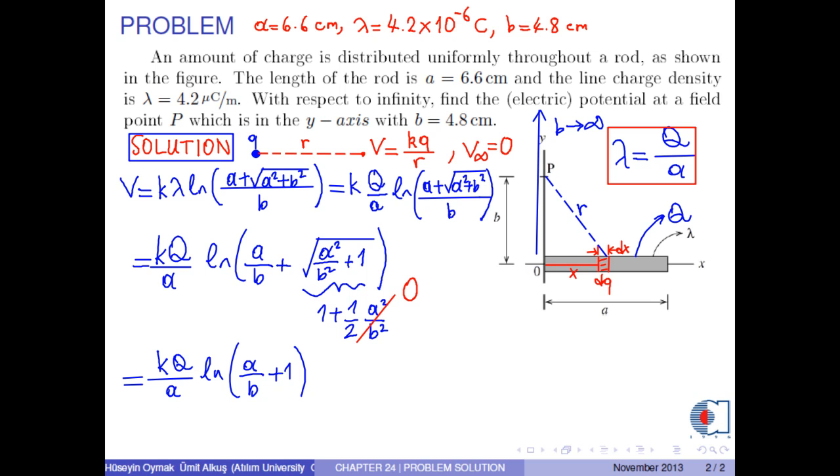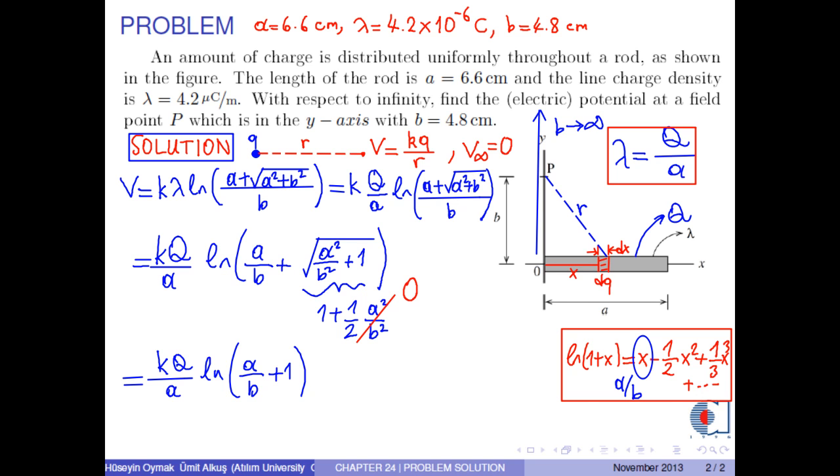at this point, let us write the Taylor series expansion of ln of 1 plus x. According to our problem, x is a over b. And because x squared and x cubed are very small, we can disregard them.